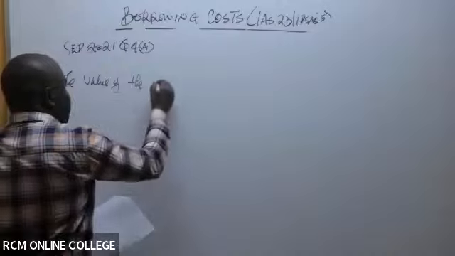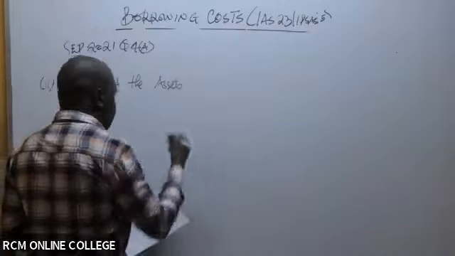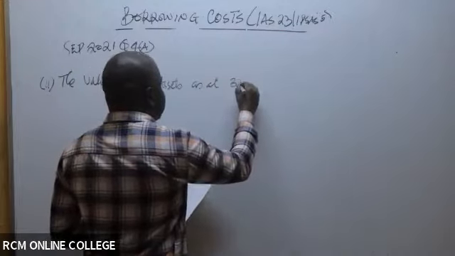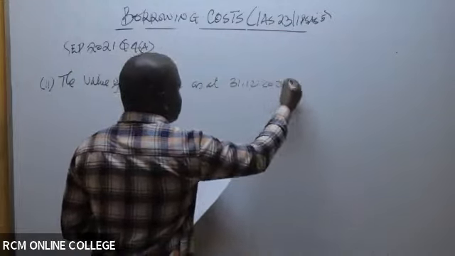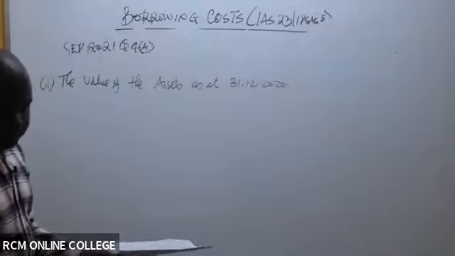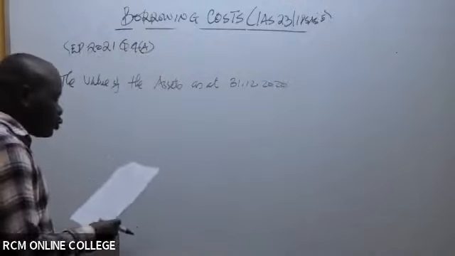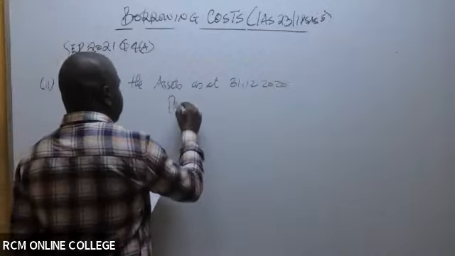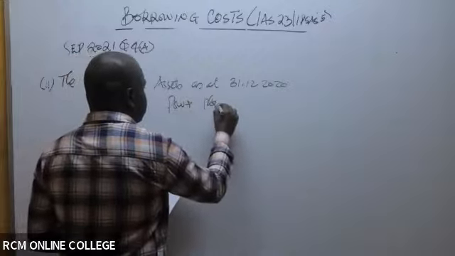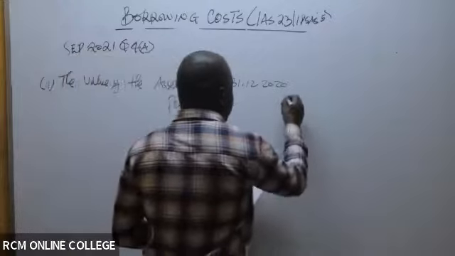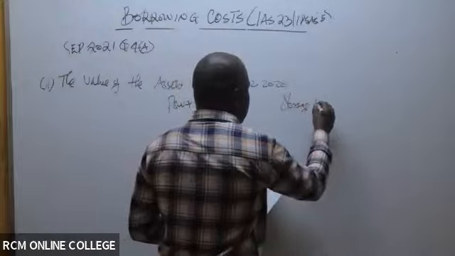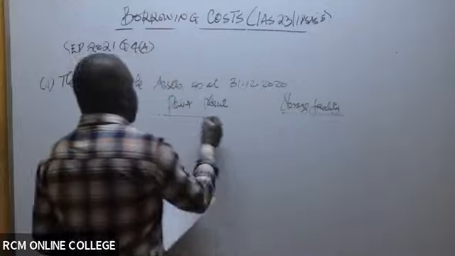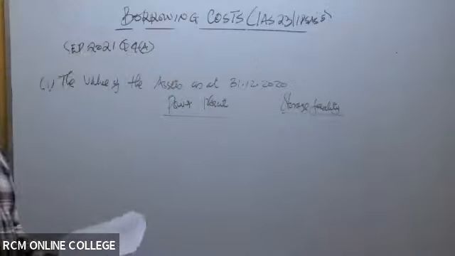The value of the assets as at 31st of December 2020. So in this case, there are two assets here. We have the power plant na kuna storage facility.